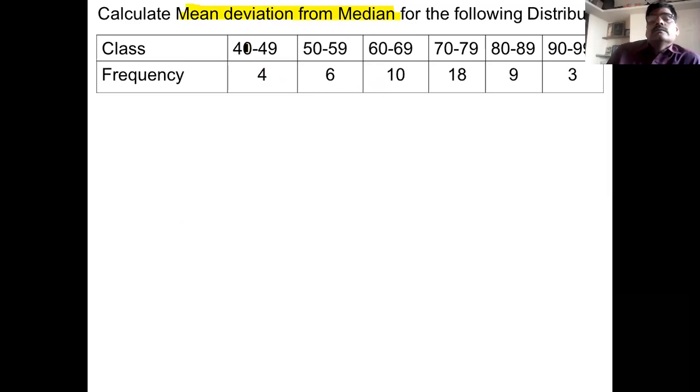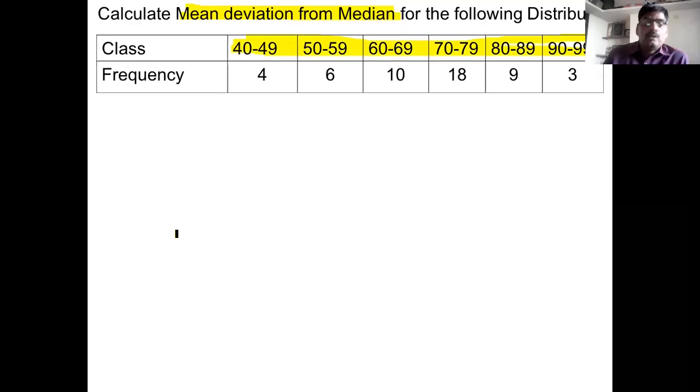In the mean deviation from mean, without making any change, I calculated the mid x without any problem. But here I will convert the class into exclusive class first. For median, you have to convert the class into exclusive class, then solve the problem.